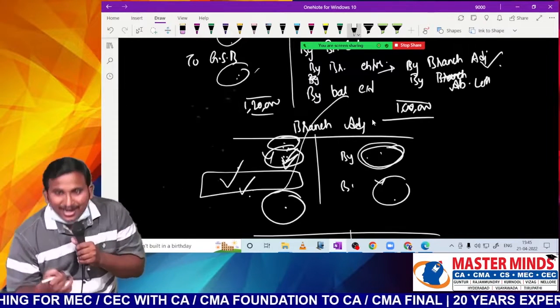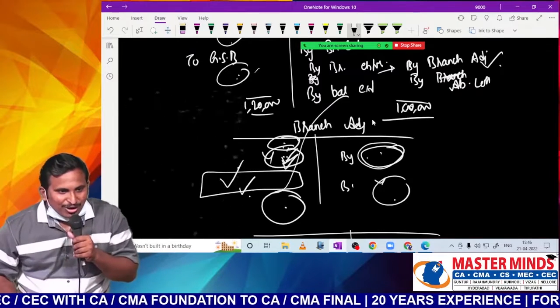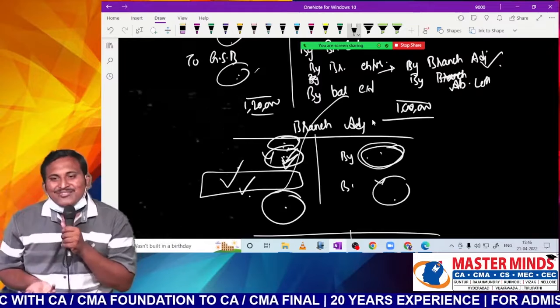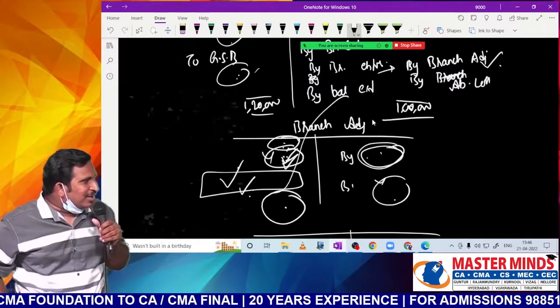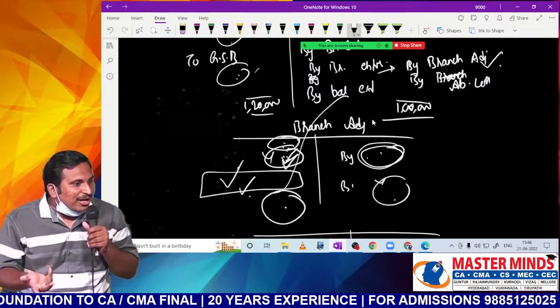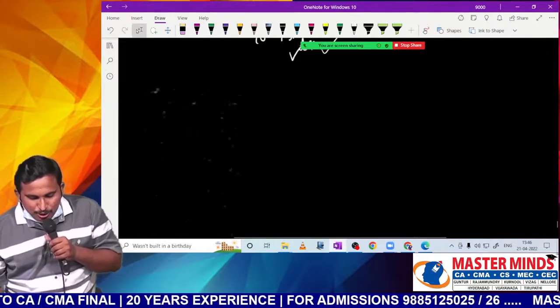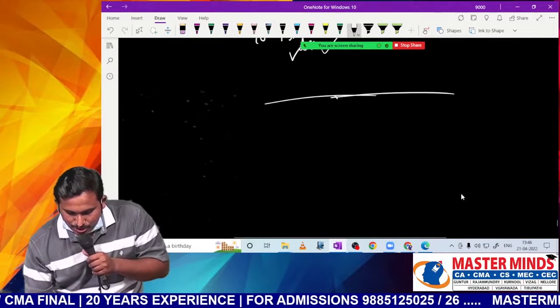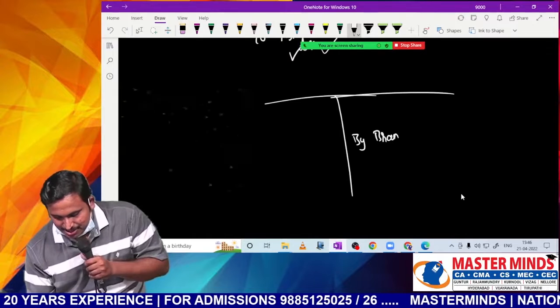So the entire amount should be transferred to branch adjustment only, because relating to normal loss, nothing will be recorded in P&L. Everything will be recorded in trading only. That's why trading means where it will be recorded? Branch adjustment.